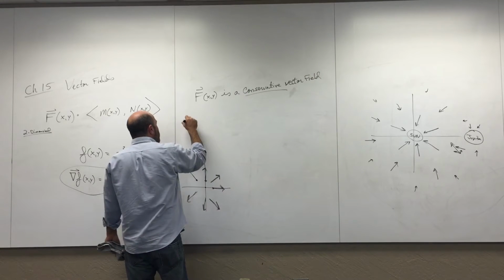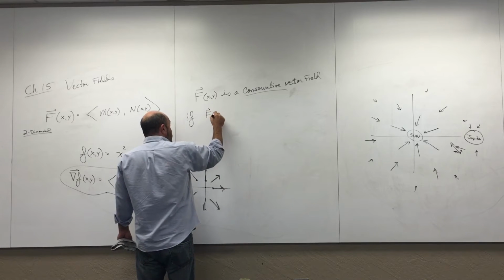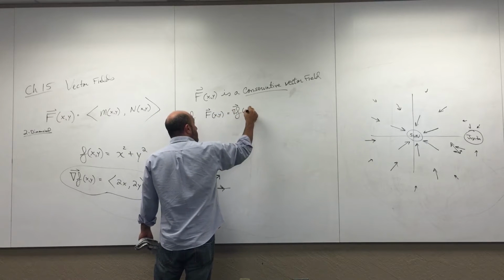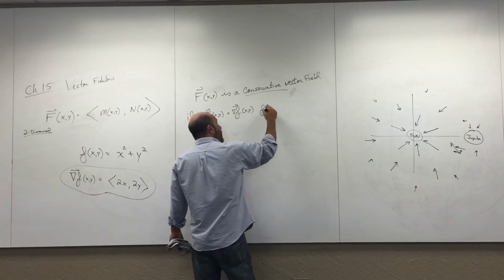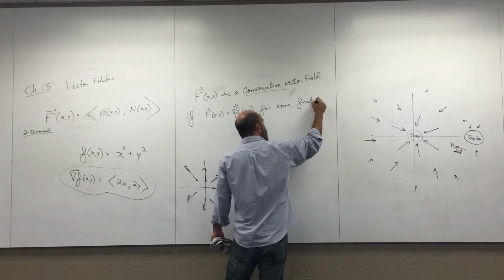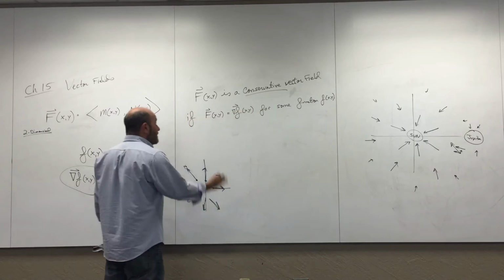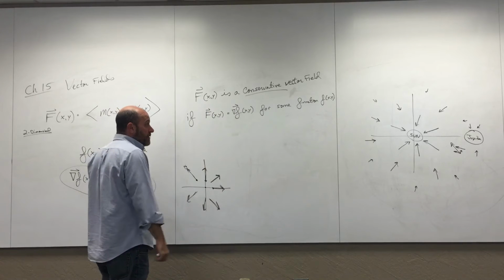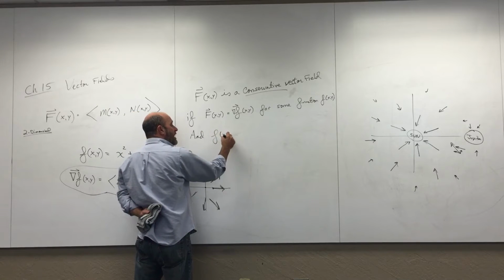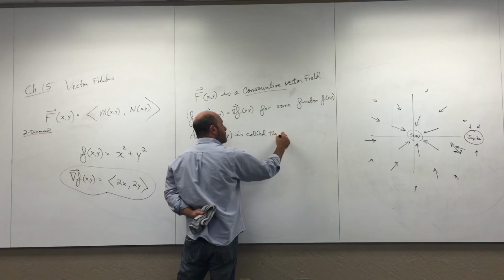It is a conservative vector field if this vector field F is somebody's gradient for some function f of x, y. So if it's somebody's gradient, then it's called conservative. And, by the way, that function f of x, y is called the potential function.